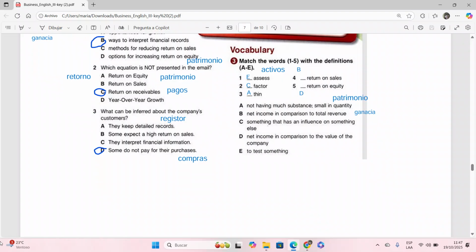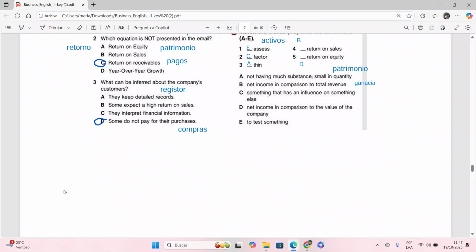Slim. 4. B. Net income in comparison to total revenue. Return on sales. 5. D. Net income in comparison to the value of a company. Return on equity.